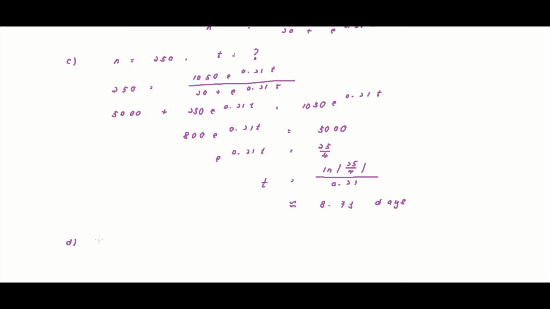So you have N equal to 1050 e^(0.21T) over 20 plus e^(0.21T). Okay, so they want you to explain why the whole population will eventually get infected, meaning in the long run.